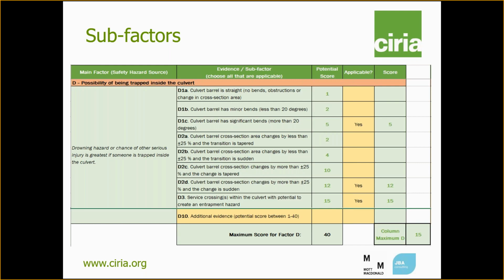This is just taking an example from the security screen assessment and looking at factor D, which is looking at the possibility of being trapped inside the culvert. So asking you questions about features of the culvert that should be readily known to you, that are generally good indicators of a risk. And you can see here in filling this in, we've said that the culvert barrel has significant bends of more than 20 degrees.